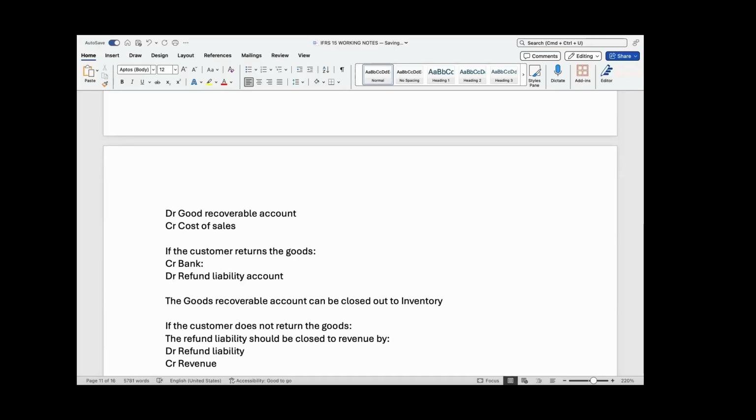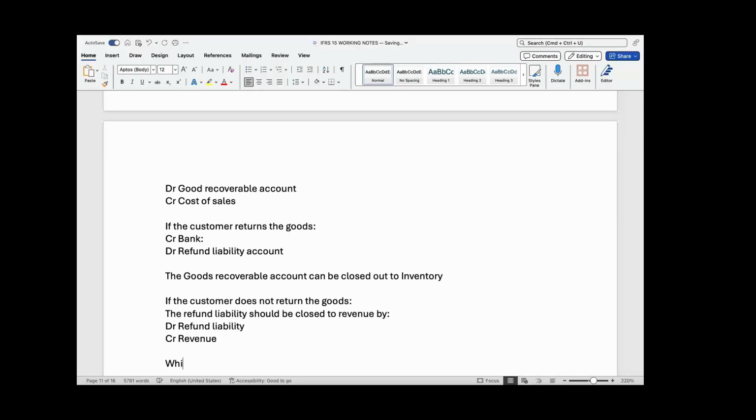You transfer it to revenue, while the goods recoverable account will be closed back to cost of sales. And everything ends there. Okay?